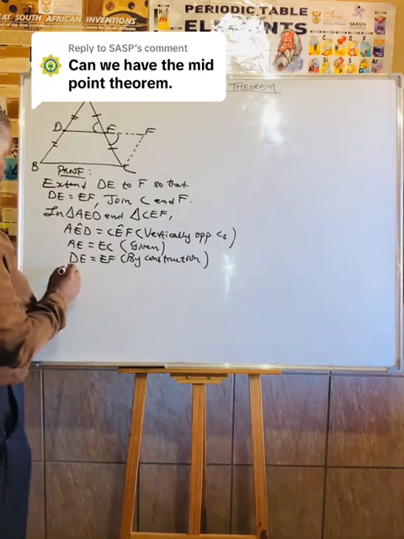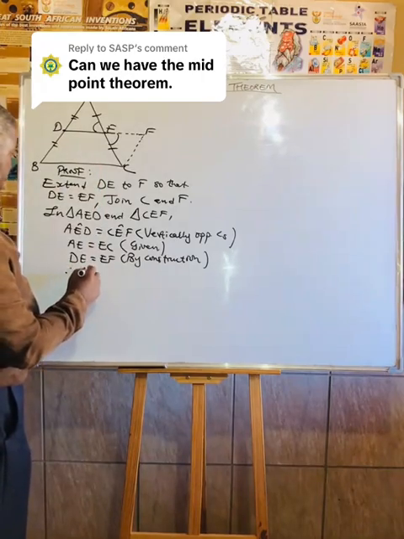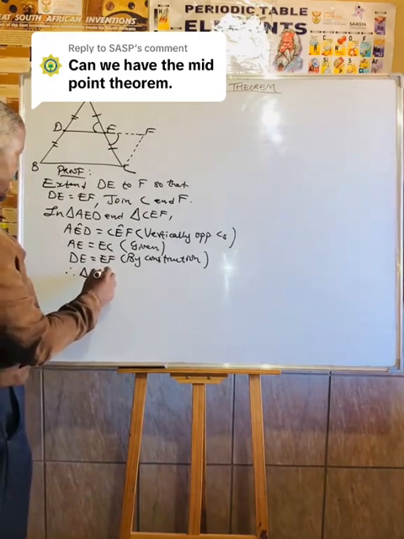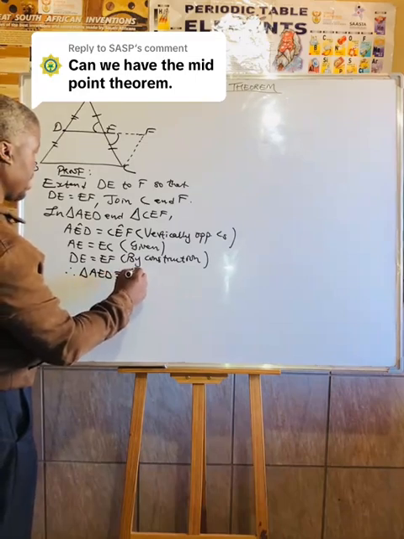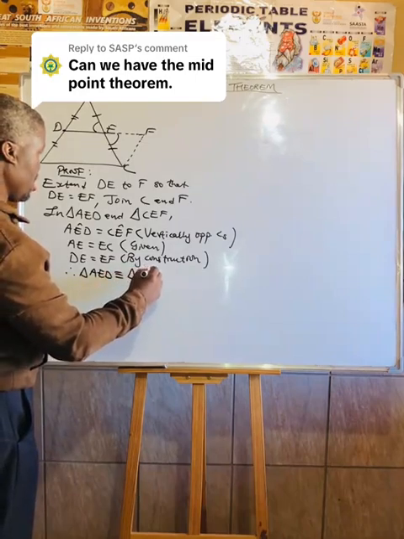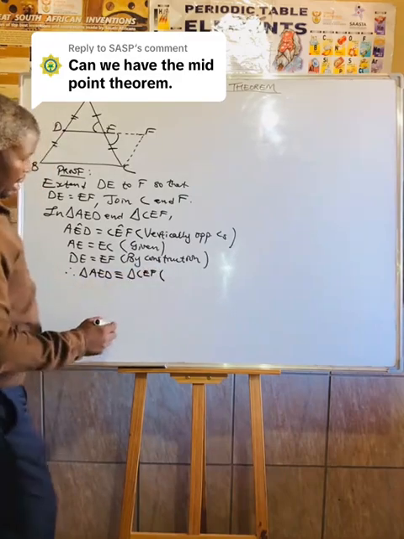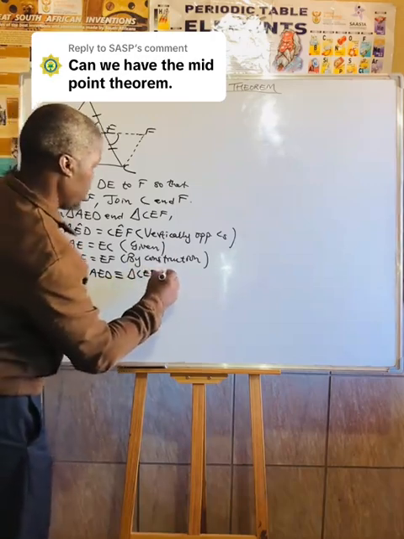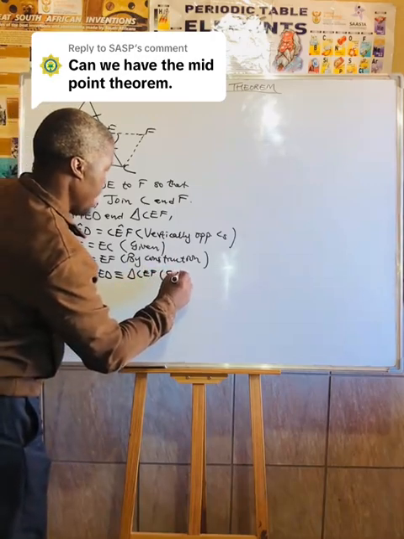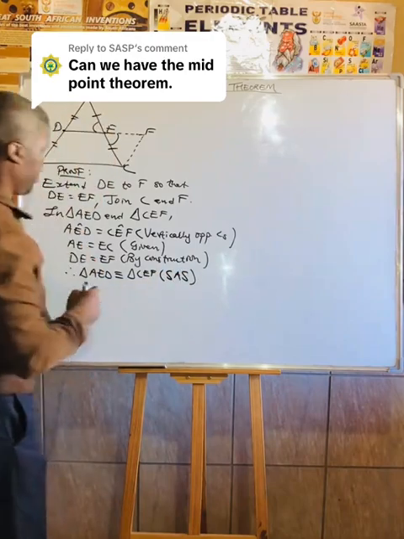Now we can safely conclude that triangle AED is congruent to triangle CEF. Over here, we use the criterion of side, angle, side.